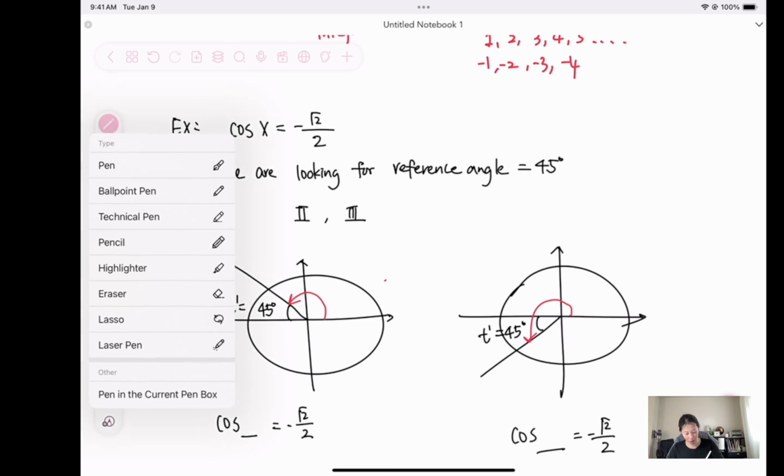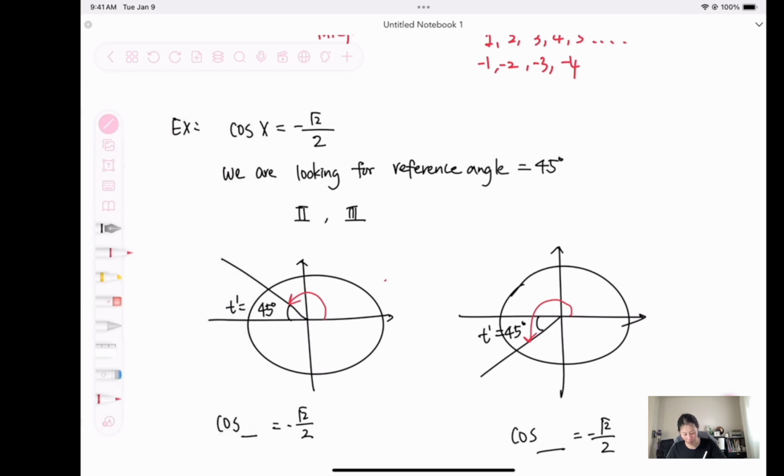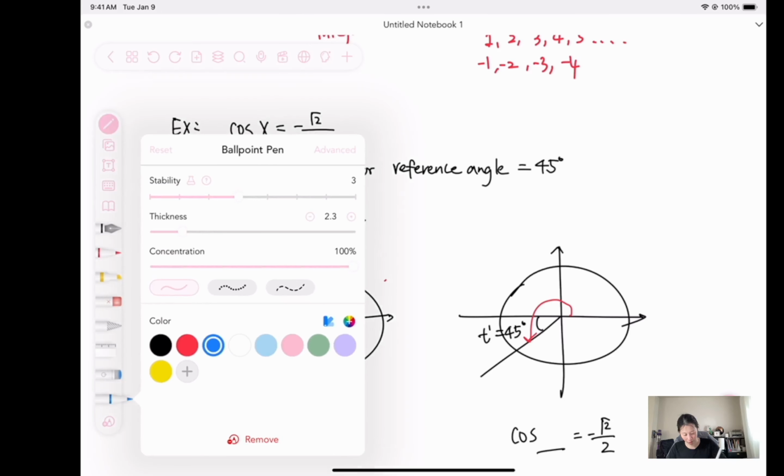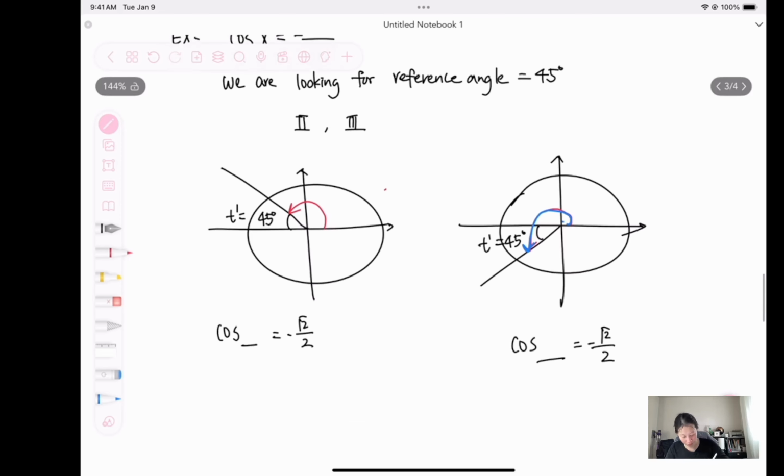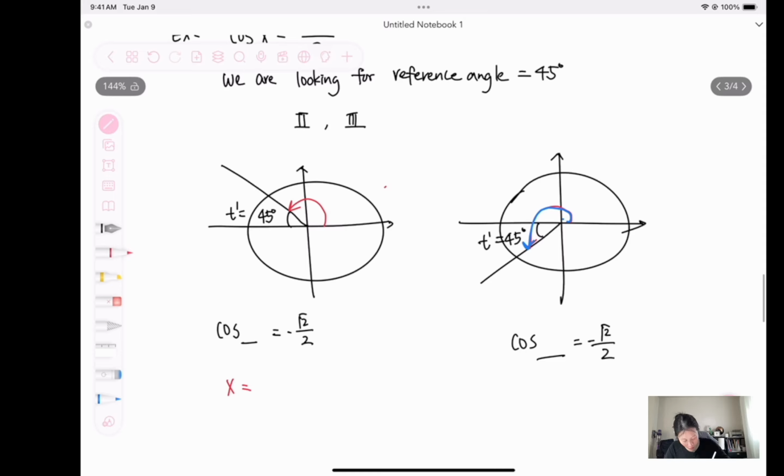Let me use a different color of pen. Would be this one, right? So the first one is going to be pi minus pi over 4. So x is equal to pi. The total is 180 degrees.